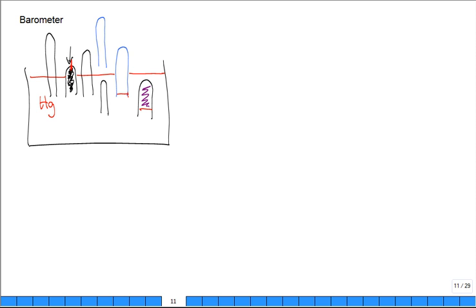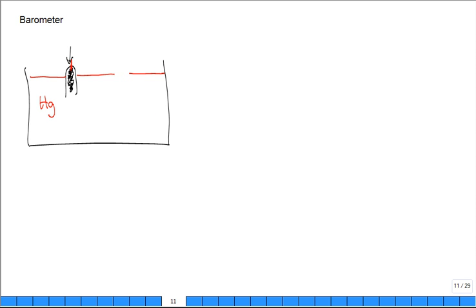What's going to happen? Is air going to go in, or is the mercury going to squirt out? It depends on the higher pressure. Given this illustration, with the pressure just inside versus the outside, the air pressure versus the mercury pressure on the inside at this position right there, which one's higher?